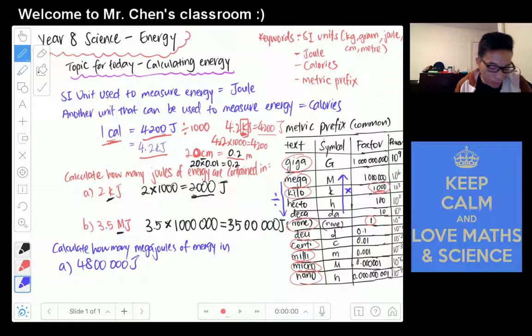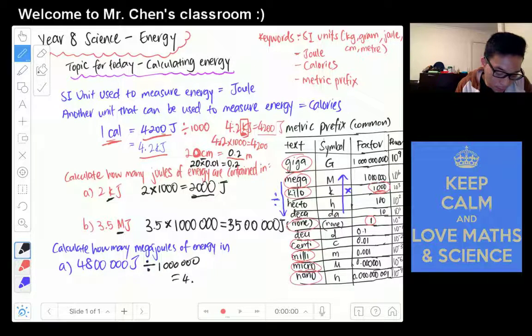So what happened here is we have to divide. So divide, we use a different color. Remember, you have to divide by 1 with 6 zeros. If you do that, that will give you 4.8 megajoule.